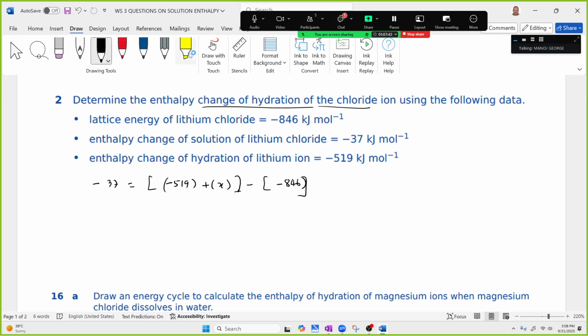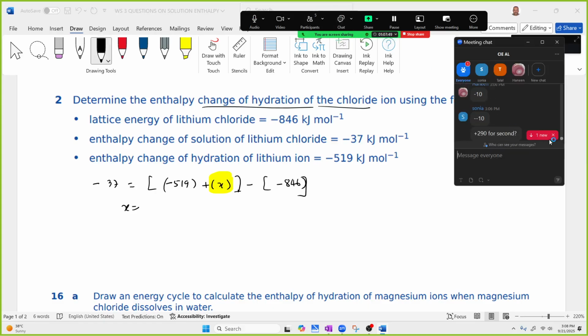In this you have to solve for the value of X. So just check what value comes out. Do we have a +290? Okay, so we agree the answer is +290 kilojoules per mole for the second question.